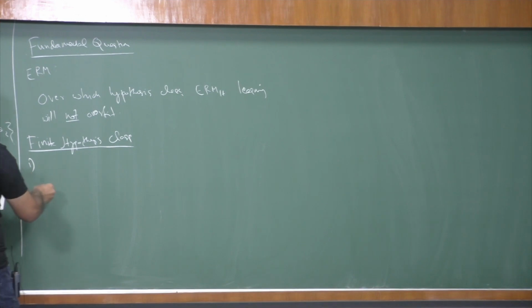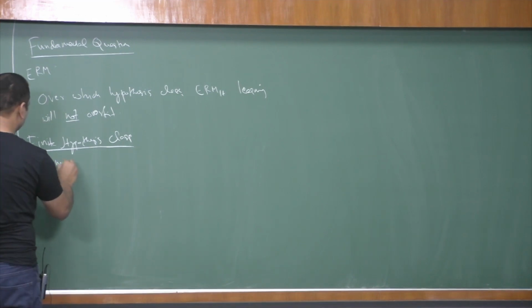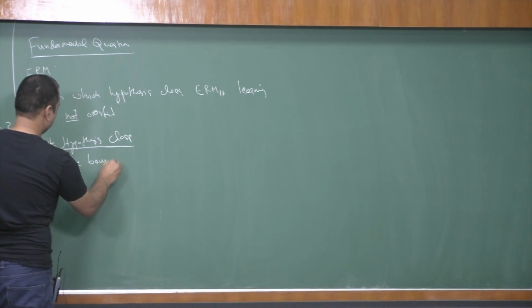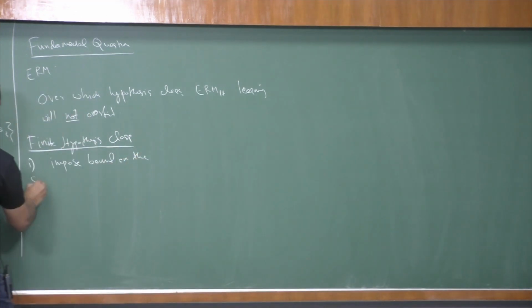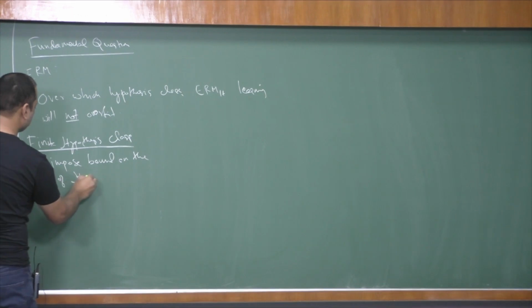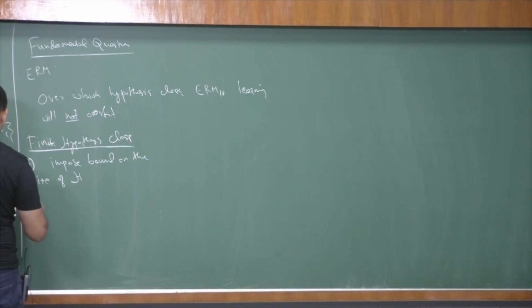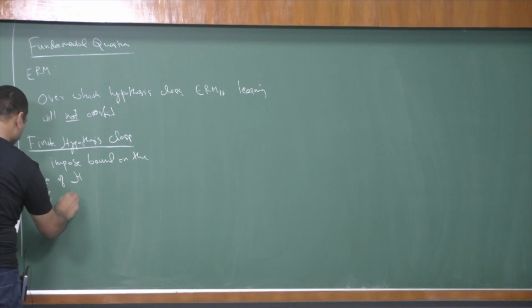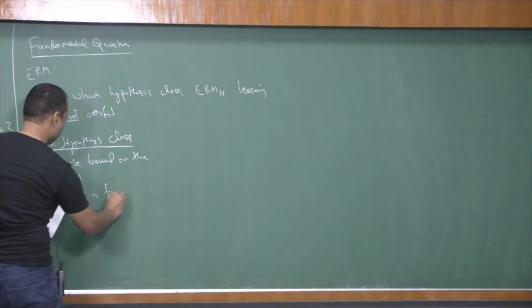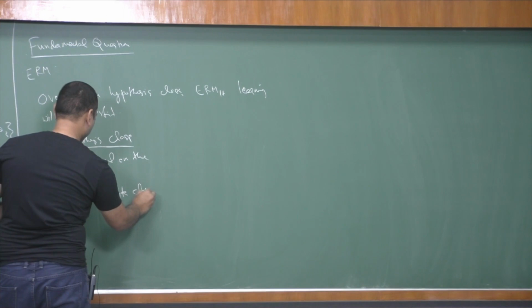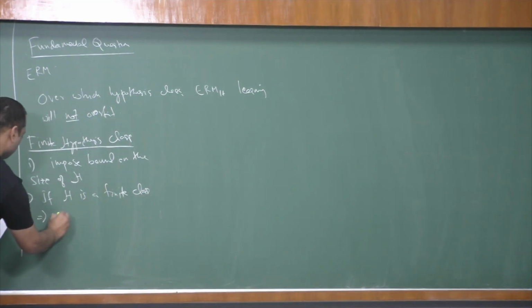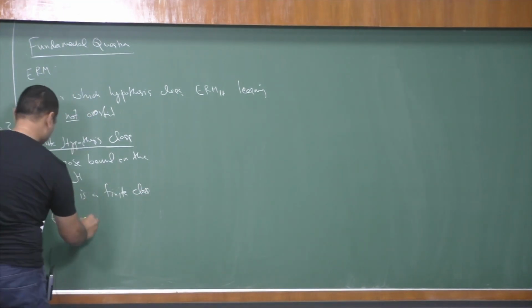So a simple restriction that we have seen is to impose a bound on the size of our hypothesis class H. One of the conclusions we can make, and we will also prove today, is that if H is a finite class, it implies ERM_H will not overfit.